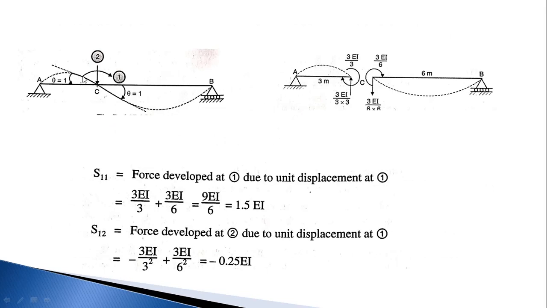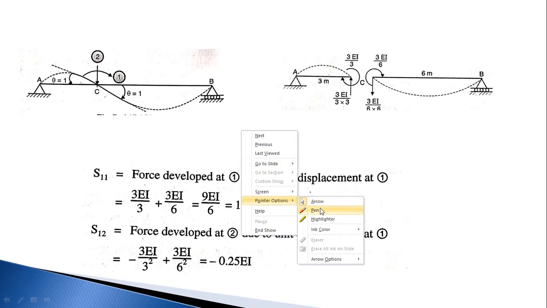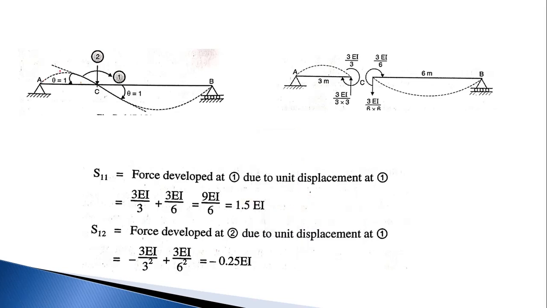Means we now require a rotational moment acting at point C, and due to the rotation the beam deflects like this, and this is the unit rotation, that is, displacement is 1, theta is equal to 1. Now I want to generate the first column of the matrix, that is, S11 is the force developed at 1 due to unit displacement at 1. So this is the rotation.